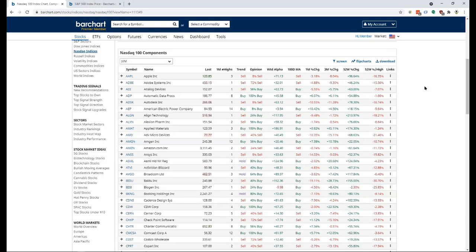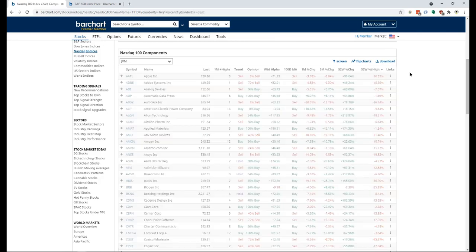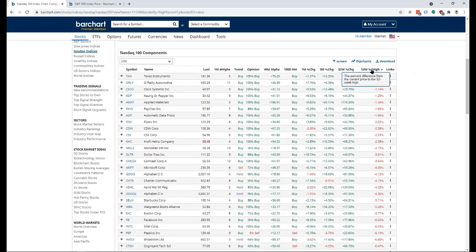Now you can see I've got all the data on all the stocks in the NASDAQ 100. If I want to see how close one of these stocks is to making a new high, I go to the 52-week percentage of new high, click on it, and you can see Texas Instruments is very close to making another new high.